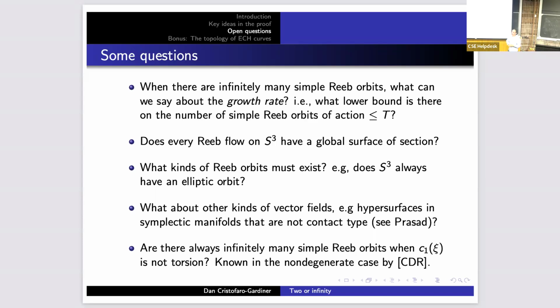There are examples with no orbits, due to, say, Ginzburg and Gürel or something like that. But if you have a family of level sets of a Hamiltonian, then for measure 1 of the values, there are at least 2 orbits by the work of Prasad. For the R4 case, it doesn't require stable Hamiltonian.